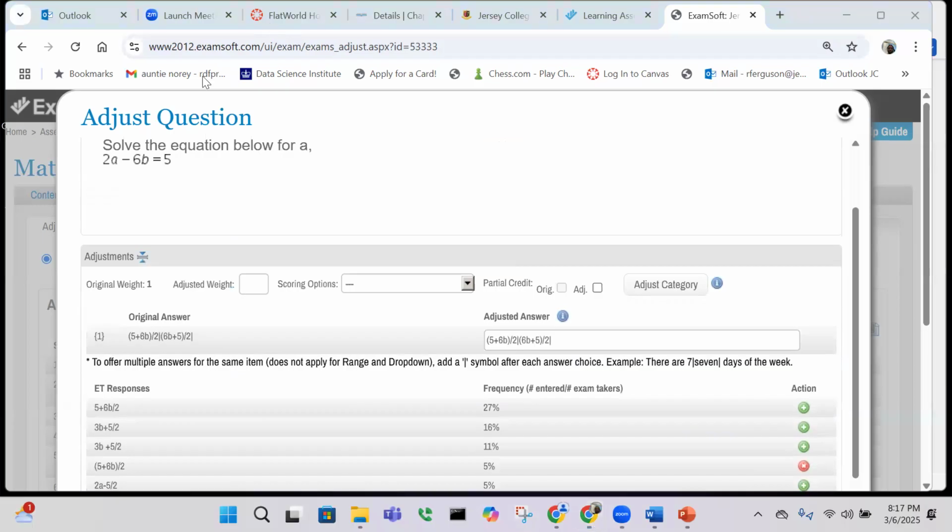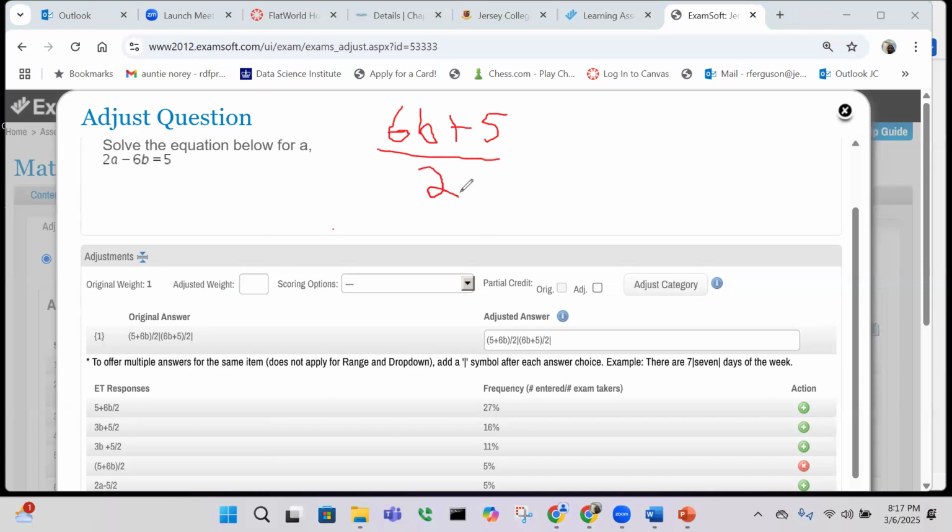I don't know if I should even waste time on this. I'm giving everybody the credit for this. So even if you got it wrong, this is one of those questions I'm giving. The correct answer is 6b plus 5 all over 2.